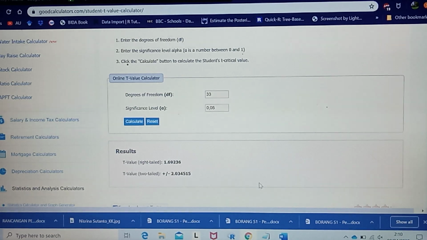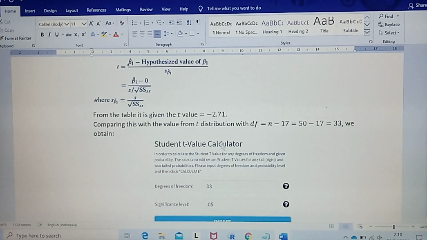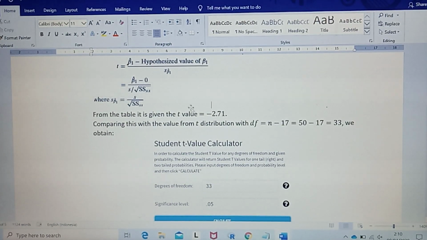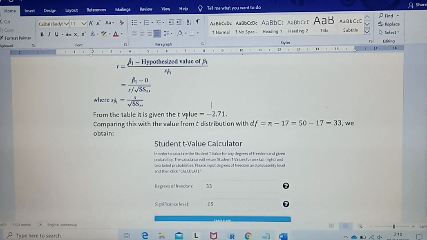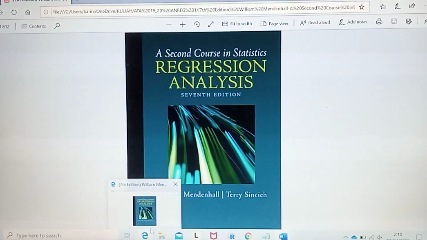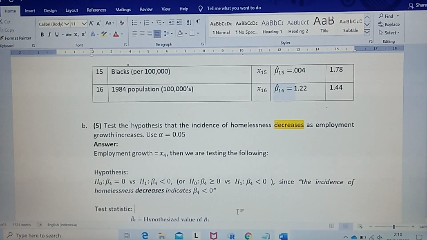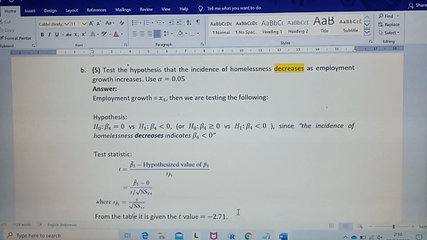For the right-tailed it is 1.69, and for two-tailed it is plus minus 2.03. Because we have a one-tail hypothesis, of course we will take the one-tail test, and in here our hypothesis is the left-tail test.